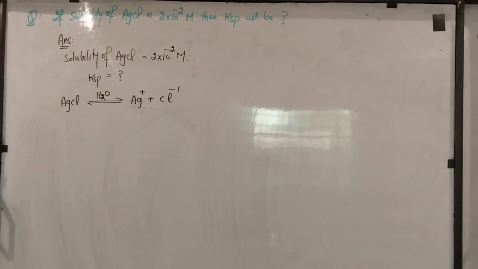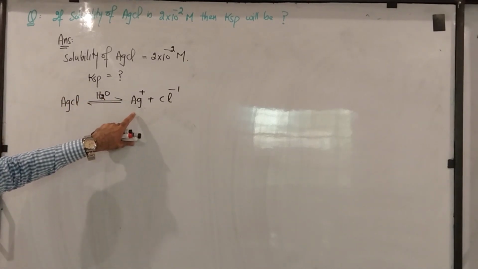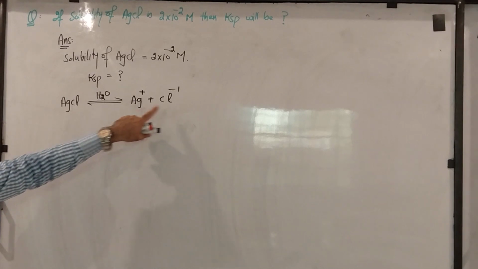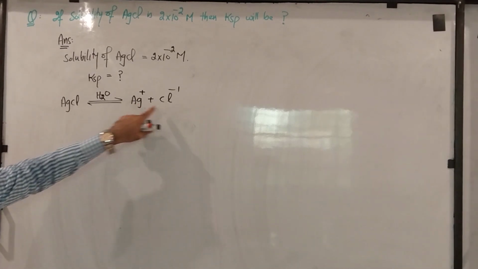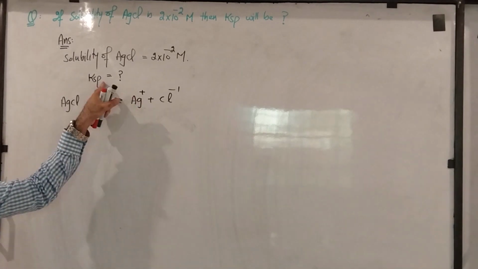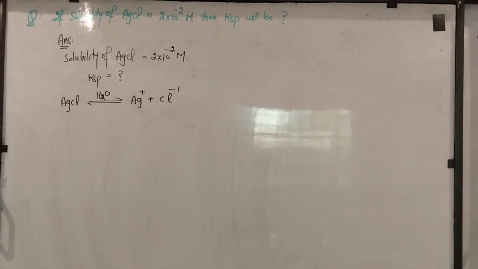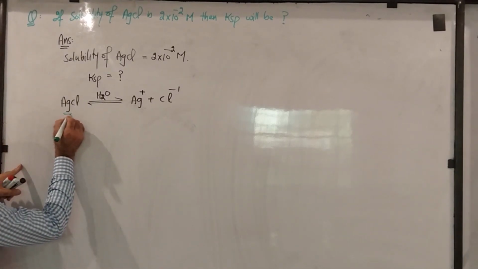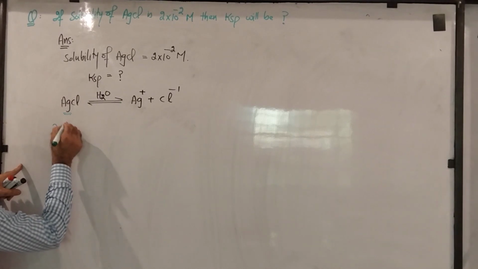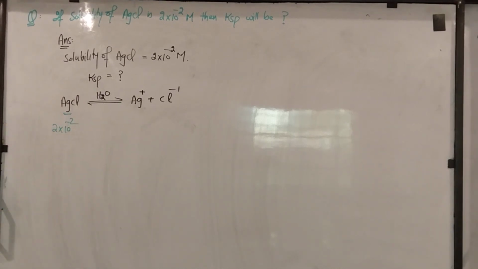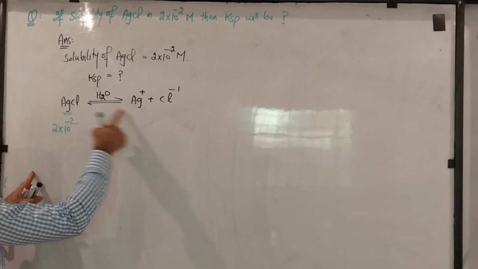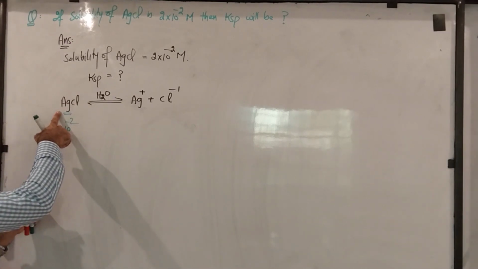First of all, to find the KSP, you need the molar concentration of these two ions, because without knowing the concentration of these ions, you can't find out the KSP. Because KSP is the constant of solubility product at the equilibrium state. So look here, if the solubility of this silver chloride is 2 10 raised to power minus 2, this silver ion is formed in 1:1 ratio from that silver chloride.